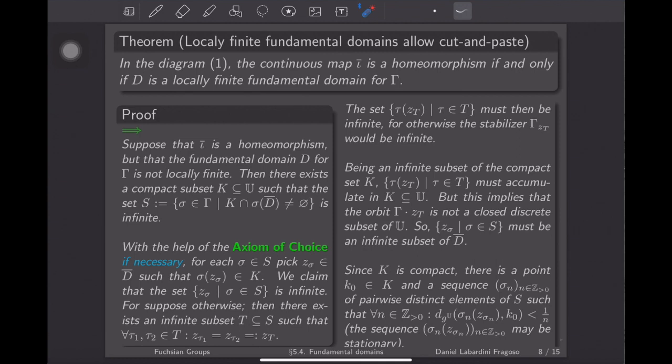Let me see. Not off the top of my head, but I have it in some notes, so if you let me, I can look it up.